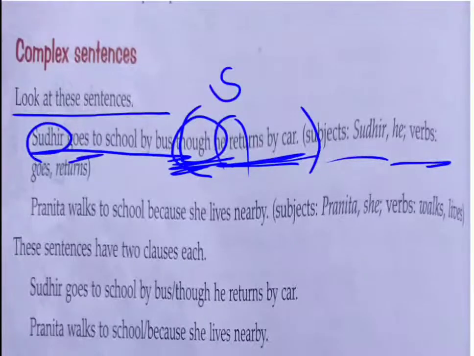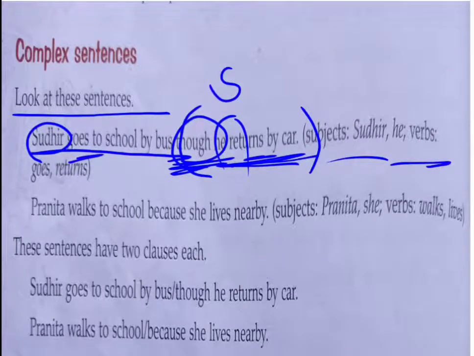Goes is a verb, and in this sentence returns is the verb. So there are 2 clauses given. In a simple sentence, there is only one clause with one subject, one verb. But in a complex sentence, there are 2 clauses with 2 verbs, 2 subjects. It's known as a complex sentence.